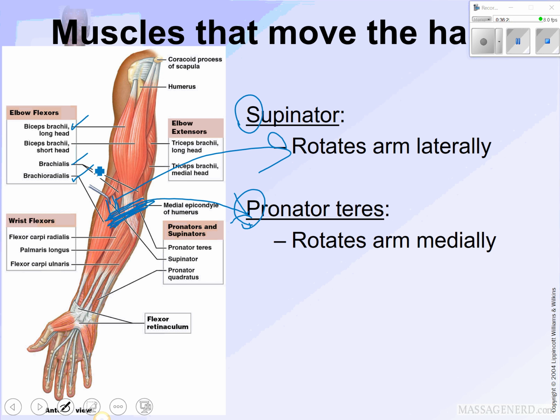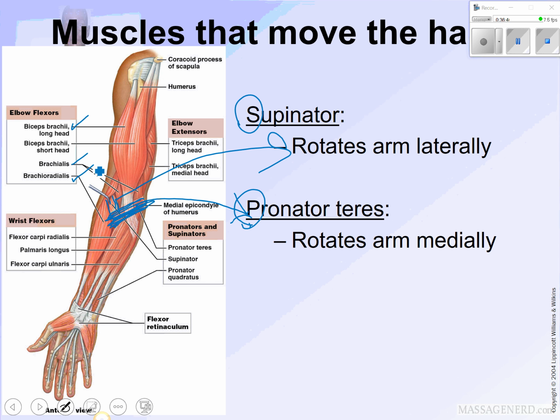Pronator teres is going to rotate the arm medially. With the pronator teres, you have that pronator action, so it's going to turn the palm inferiorly or posteriorly. If you're staying in the anatomical position, you would be looking at the back of the hand.